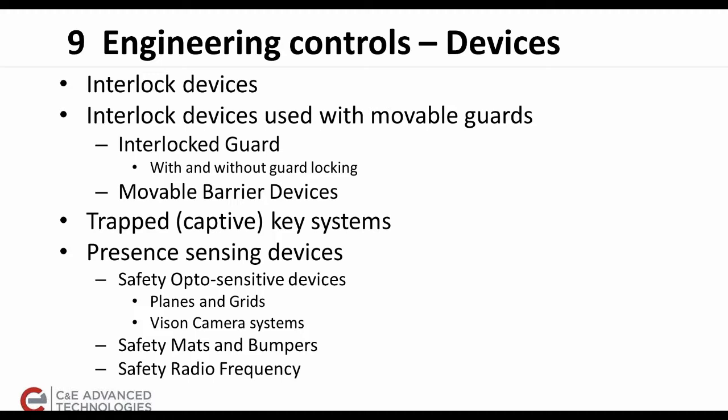The interlock system may be with or without guard locking, which is an additional electrical system, typically a solenoid, that allows the guard to either be locked or opened when the release signal is received. They're also used on barrier devices.